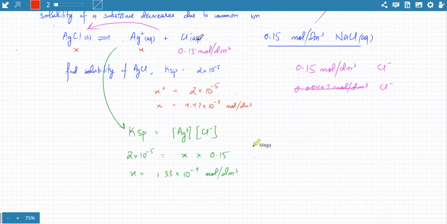So its concentration is already very high in the solution. So you're going to take that as 0.15 mole per dm cube and use the same expression, do the same thing with X, except for the fact that this concentration would be taken as 0.15 mole per dm cube. And that would give you this particular value.